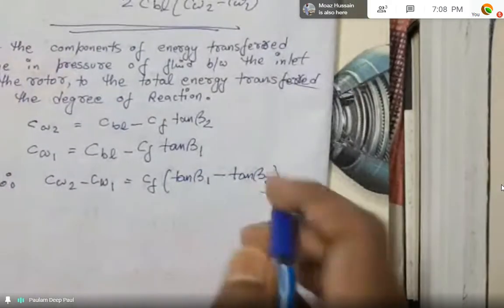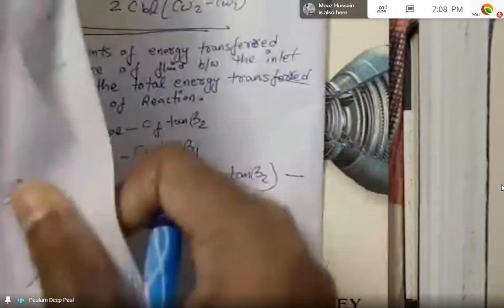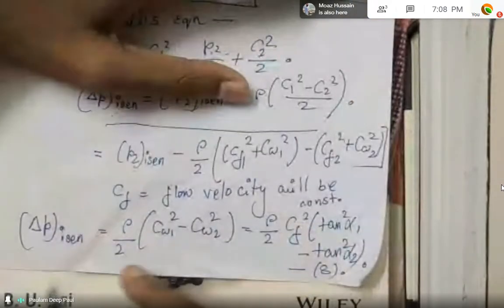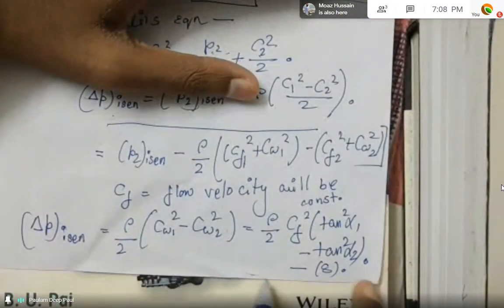Let us state this as equation 9, as we had equation 8 previously, the isentropic pressure drop.